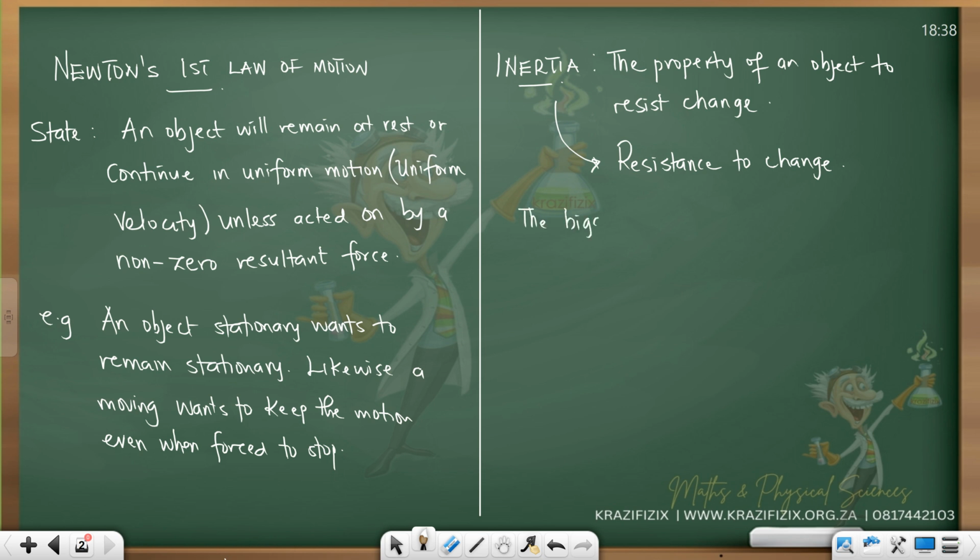The bigger the mass, the bigger the inertia. I'll explain something very simple to you. The bigger the mass, the bigger the what? Inertia. Let's say you are coming from school right now, you put your bag on the seat of the car.